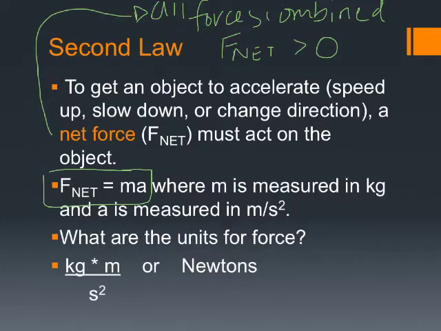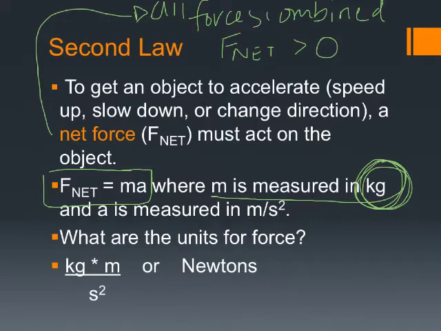But in general, this equation, your mass, when you plug it in, must be in kilograms. So if the problem gives you grams, you have to convert it. If it gives you milligrams, you have to convert it. That m in the equation is meant to be kilograms. If you plug in something else, you will not get the right number because you're using a unit that doesn't fit the equation.